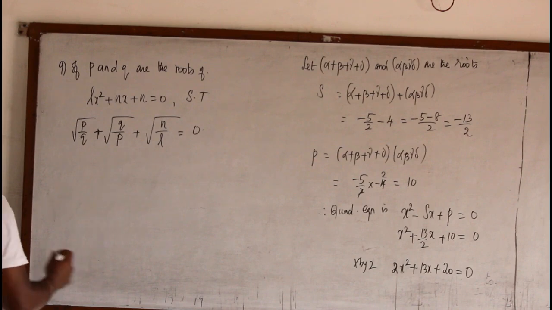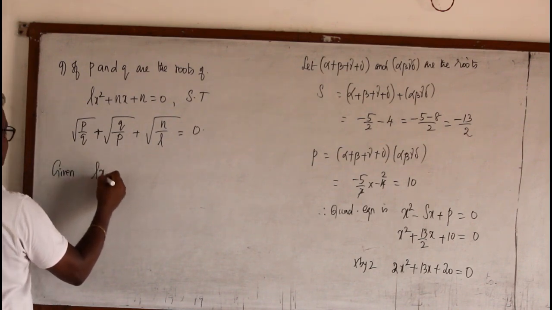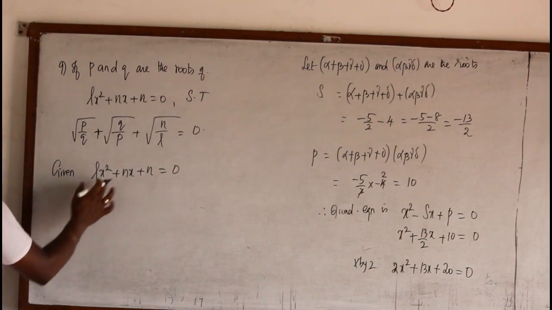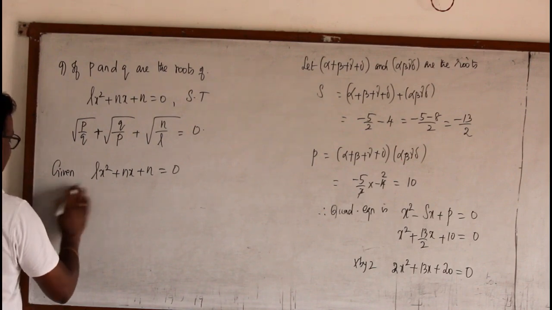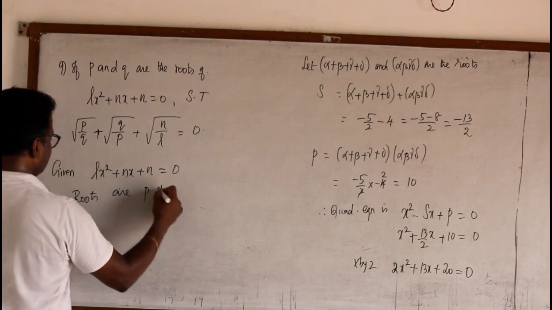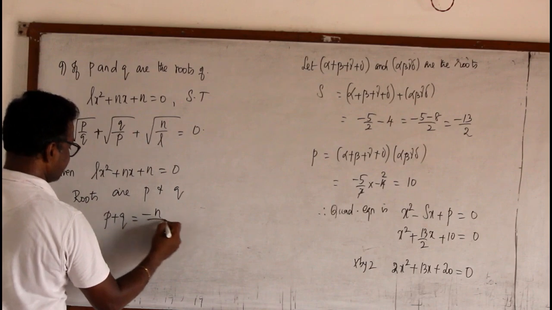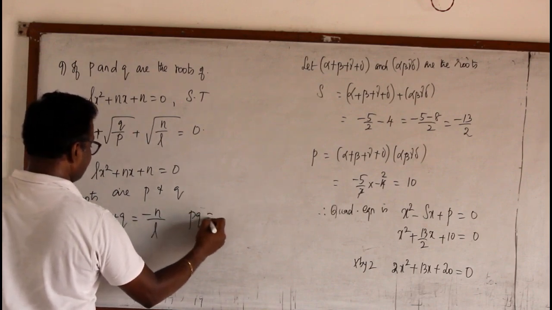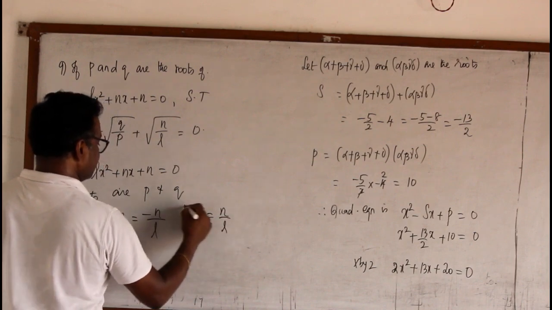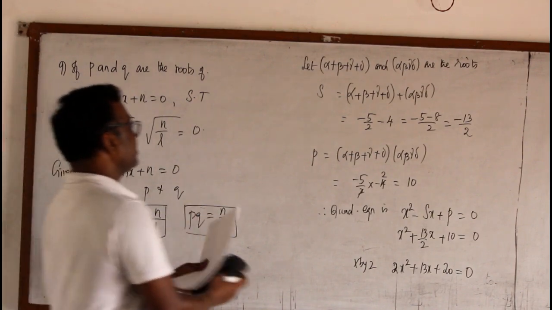This problem we can straightly prove. Given Lx^2 + Nx + N = 0, which is a quadratic equation, and the two roots are P and Q, then the sum of the roots P + Q is -N/L, and the product of the roots PQ is again c/a, that is N/L. This is the product of the roots and this is the sum of the roots.